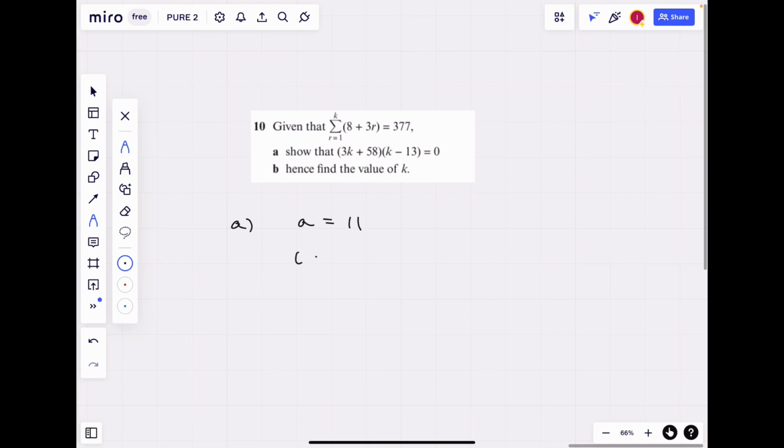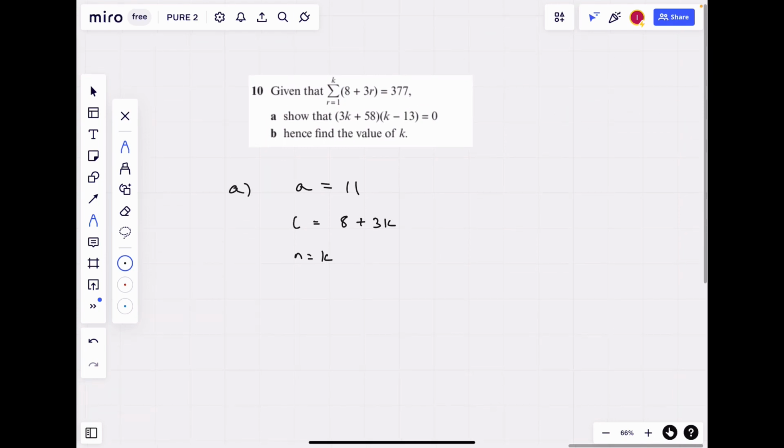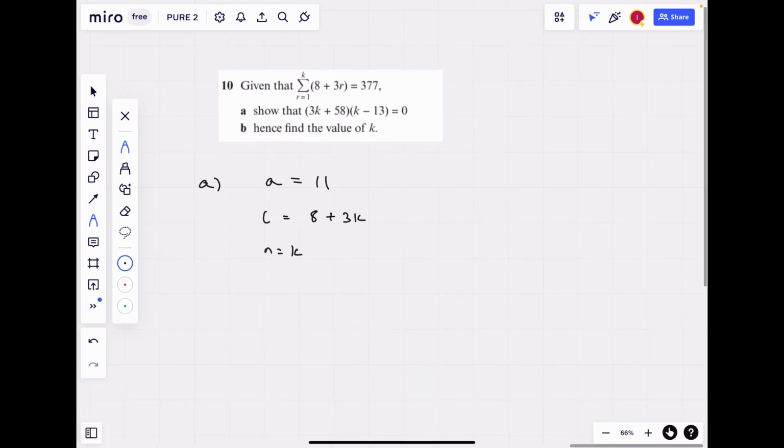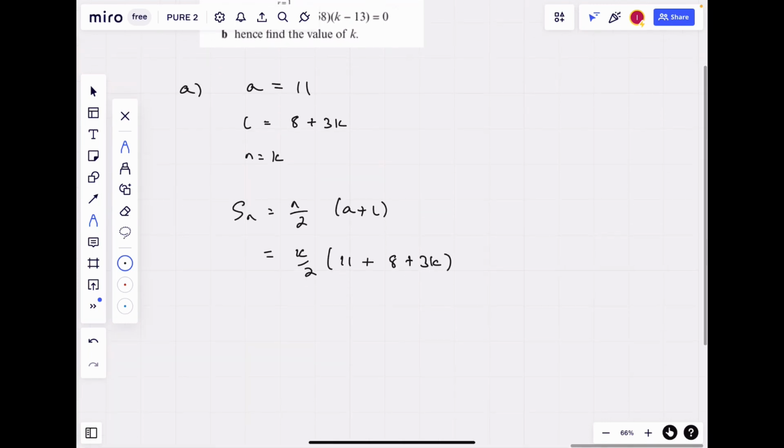To work out the last value, which we can because we know the upper limit is K, we plug in K, 8 plus 3K. And we know that N equals K as well. It's an arithmetic series. There's no multiply going on. So Sn equals n over 2 a plus L. So K over 2, 11 plus 8 plus 3K, which simplifies to 19 plus 3K.